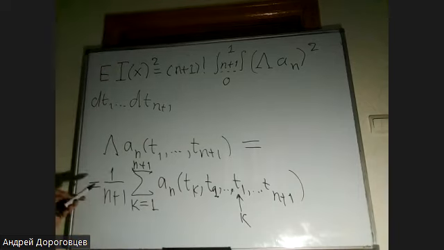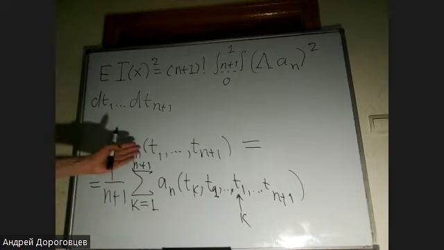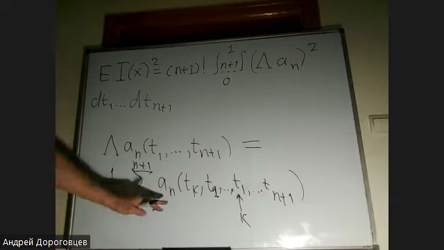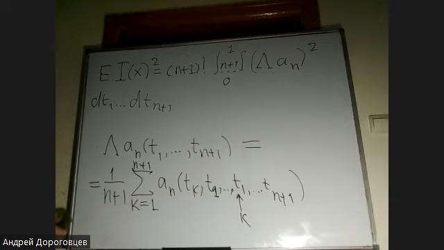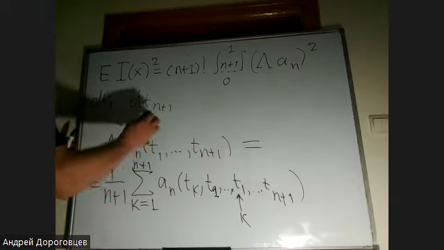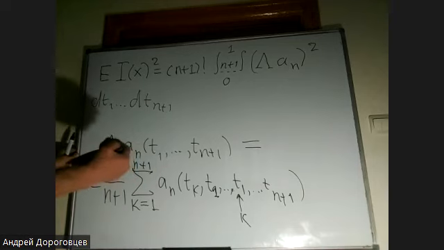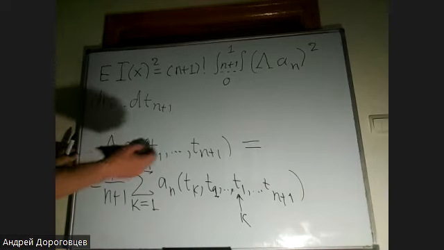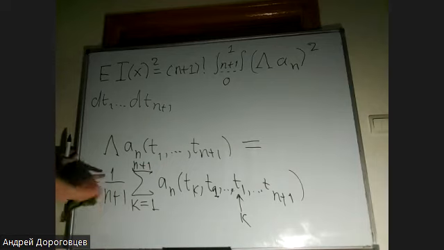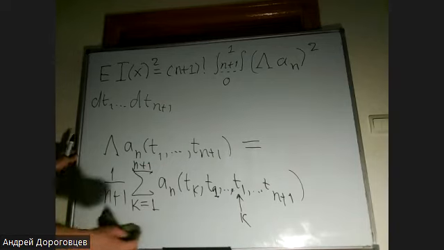Then let us proceed as follows. We can try to write lambda a_n squared using this representation. Then what we will have? First of all, we will have 1 over (n plus 1) squared.